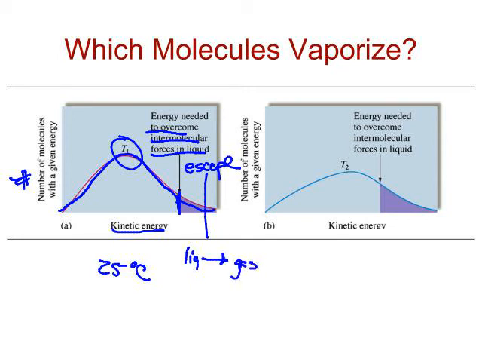Okay. Now, if we look here at the distribution of energies had by the molecules, you will notice that at room temperature, if we're saying this is water at room temperature, there is a certain fraction of those that possess enough energy to escape from the liquid phase and enter into the gas phase. They have enough kinetic energy to break free of the hydrogen bonds that are holding them in the liquid phase.